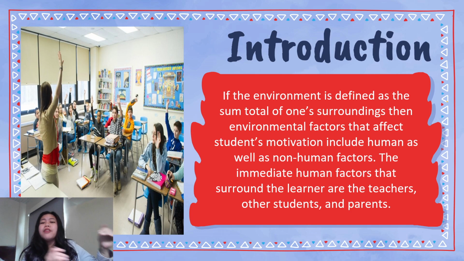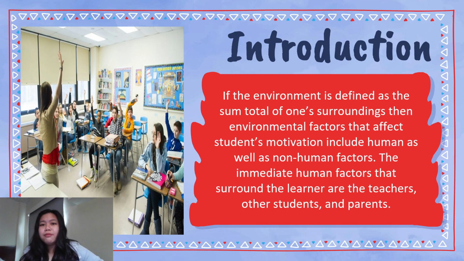Now, if the environment is defined as the sum total of our surroundings, then environmental factors are something that affects student motivation. And that includes two: human and non-human factors. Non-human factors are those that are not human, for example, the environment, the surroundings.